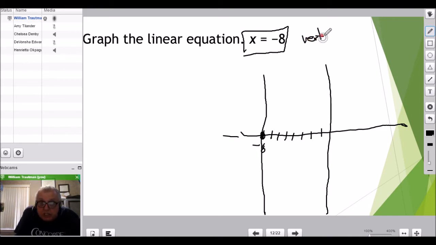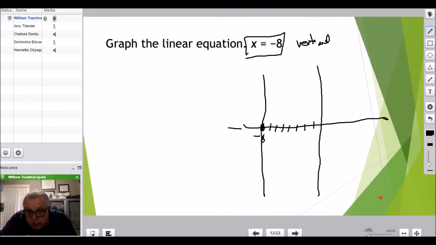If you remember our discussion, I think it was for week 2, we had to say what does a vertical line look like? What's the equation for a vertical line? What's the equation for a horizontal line? Now if I said y equals 2, y equals 2 is a horizontal line.